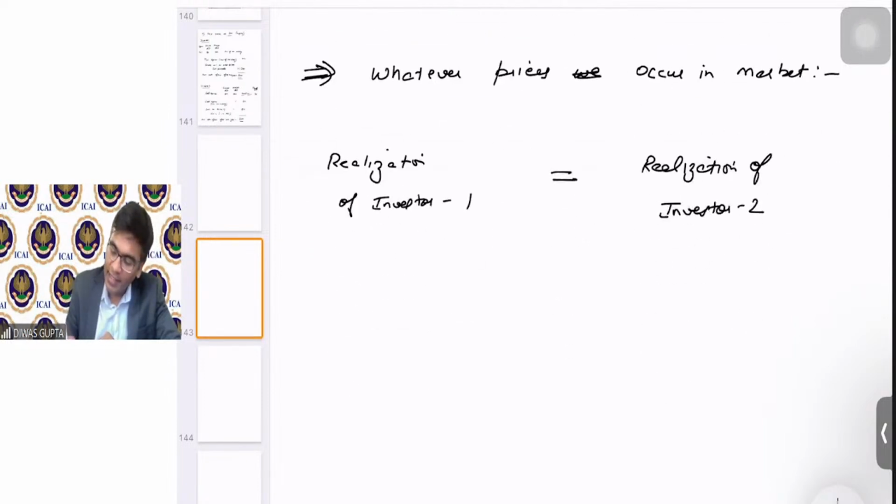If this is the case, then their initial investments should also be same. Correct.